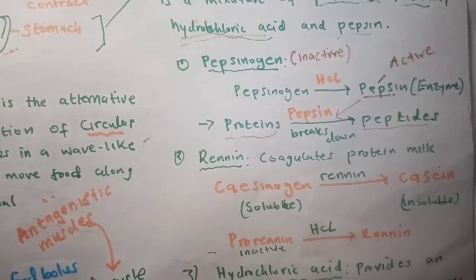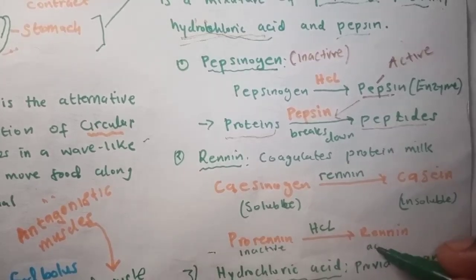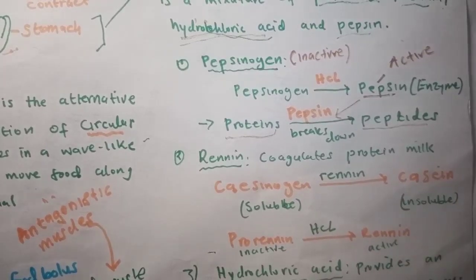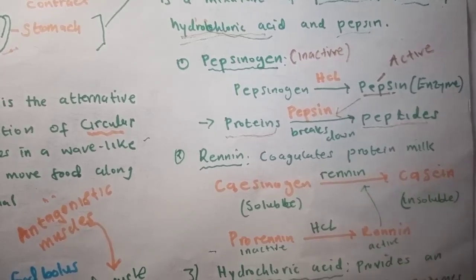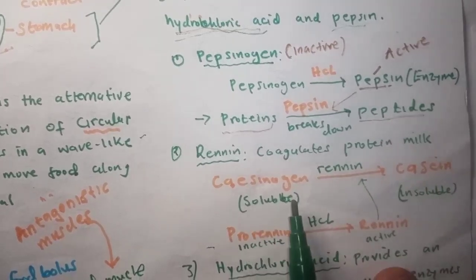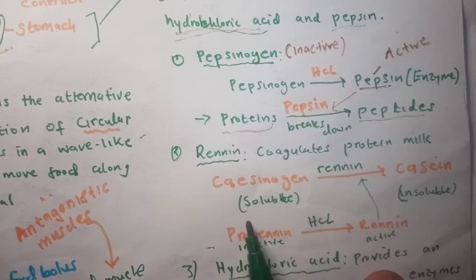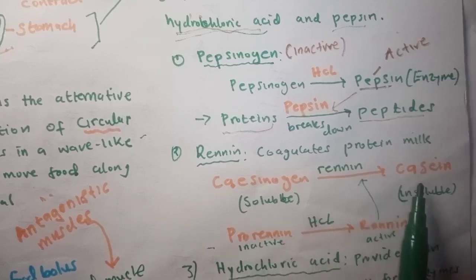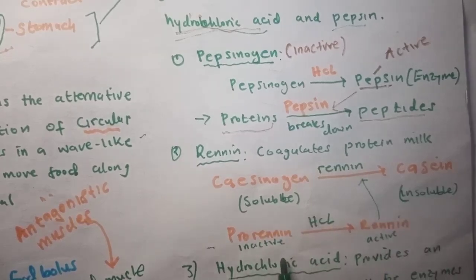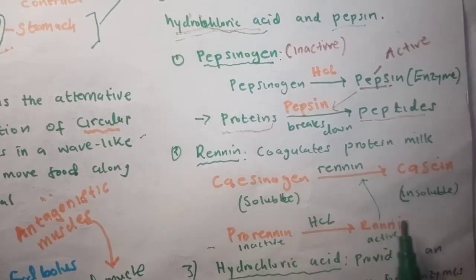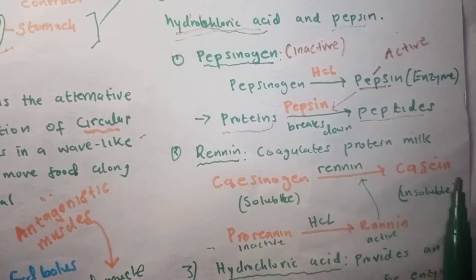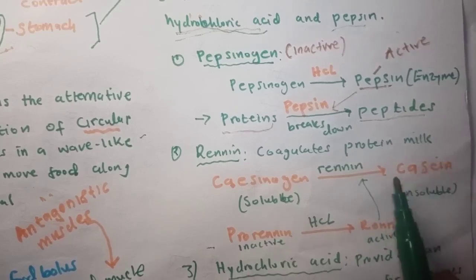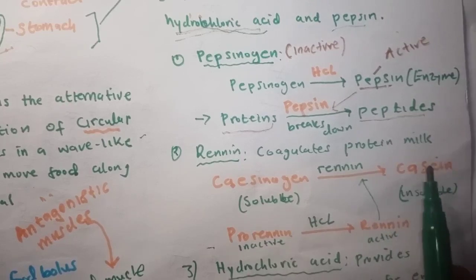Hydrochloric acid activates it into the active form, and this active form now is what coagulates the milk protein, which is soluble, into an insoluble form called casein. Once it is insoluble, it can last long, for some hours, for digestion to work on it.